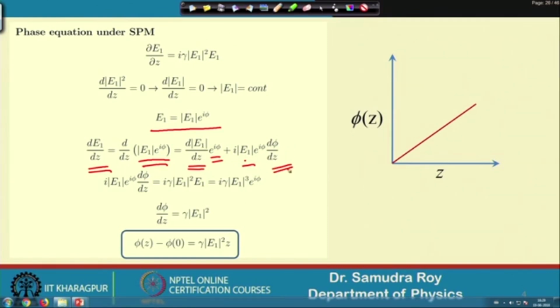But we know that mod of E1 is not a function, it is a constant, so not a function of z. So this term will be 0.